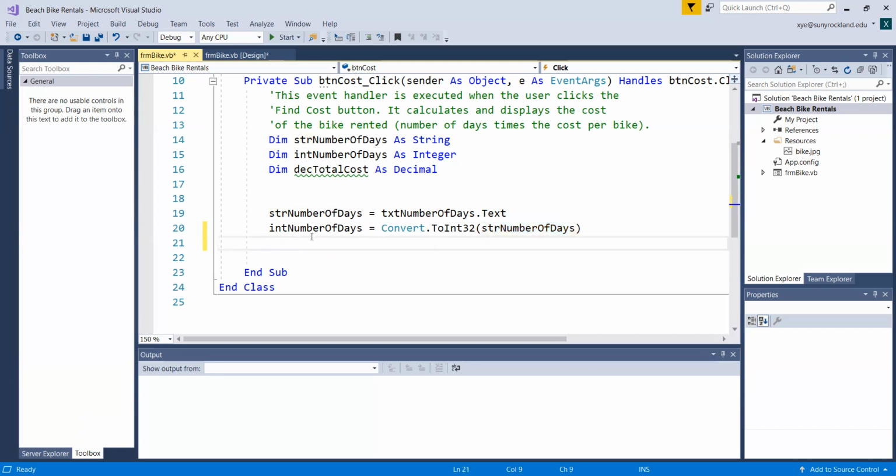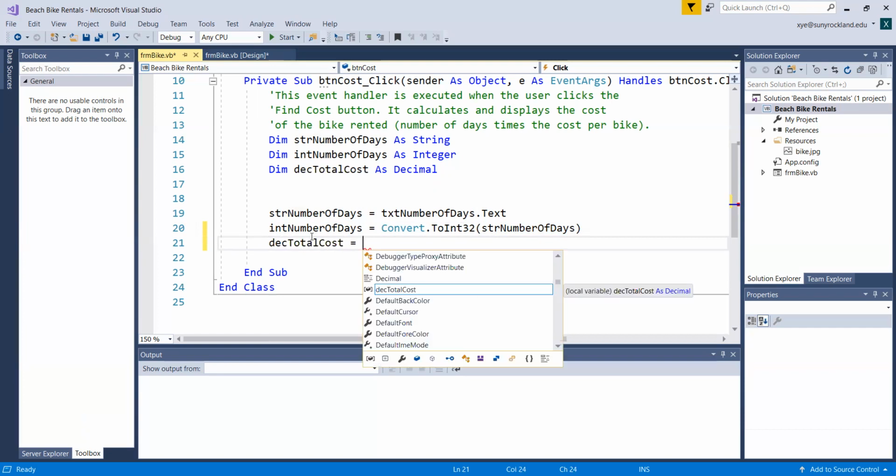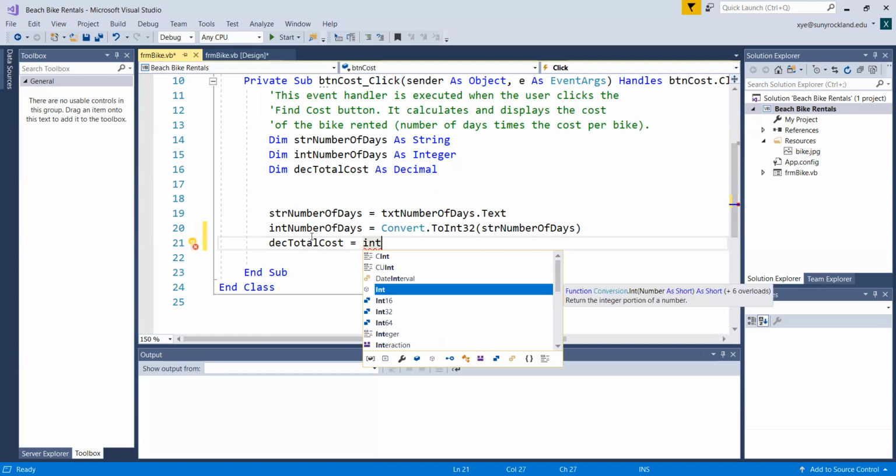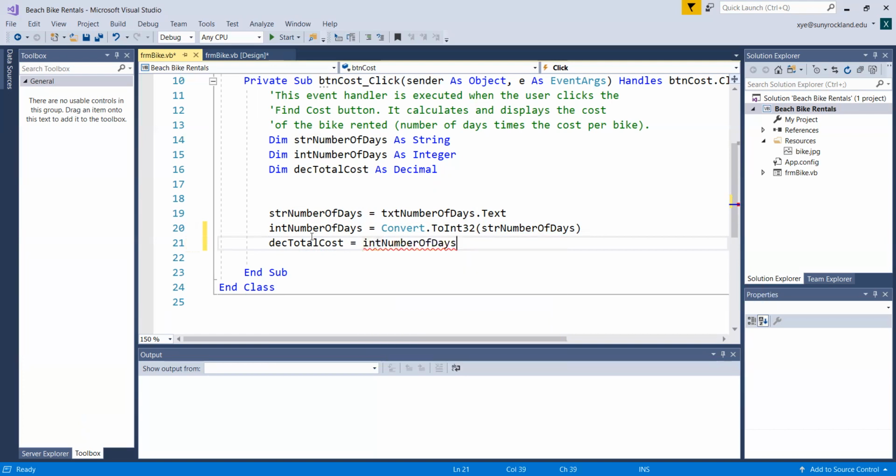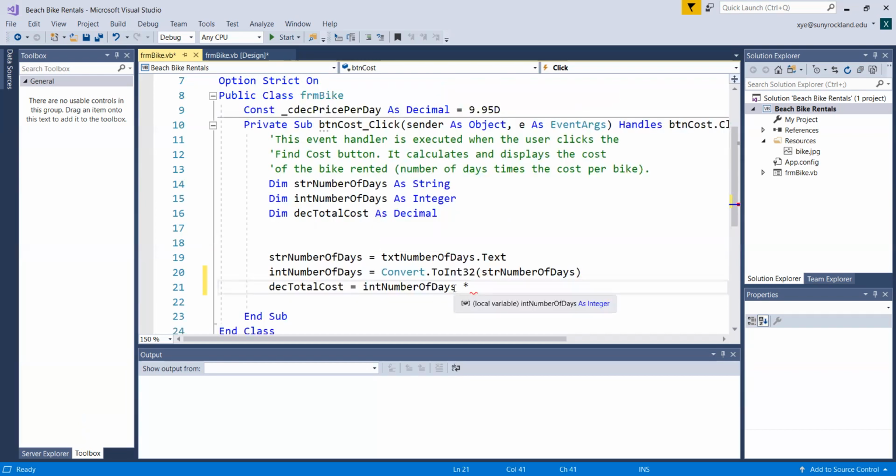The next part is we're going to do the calculation. A decimal cost, total cost, equal to the int number of days times the price, which is whatever is right here.